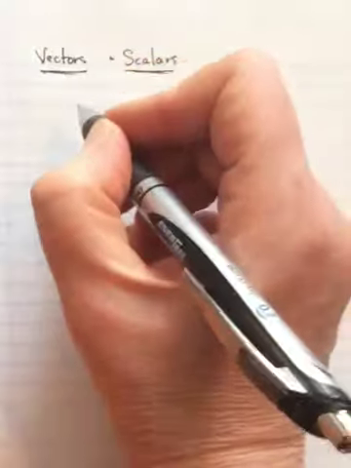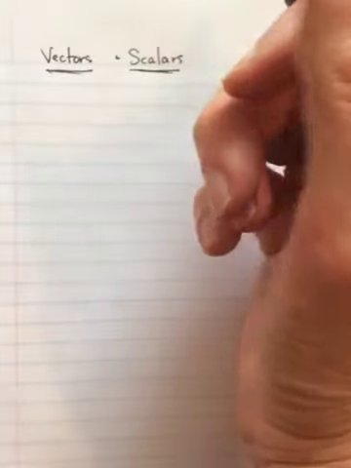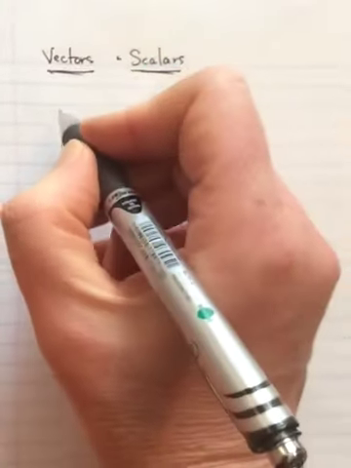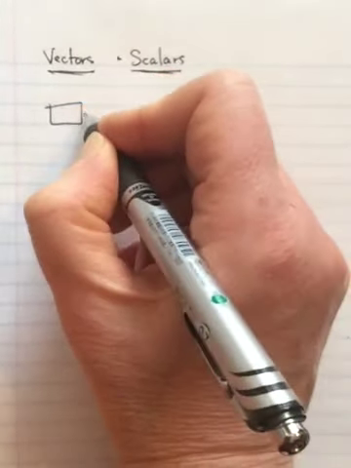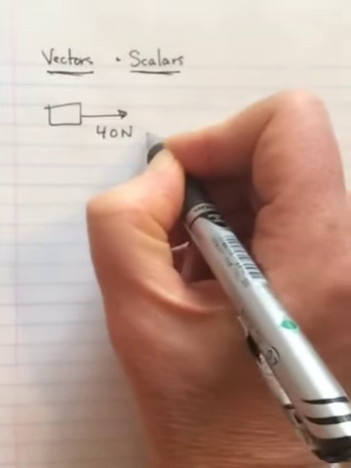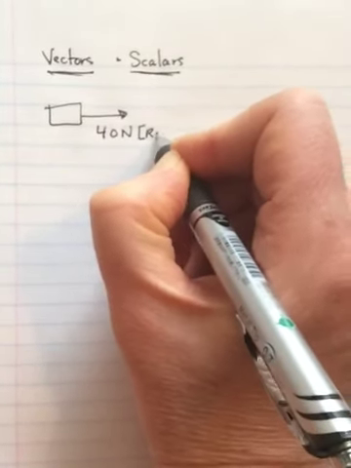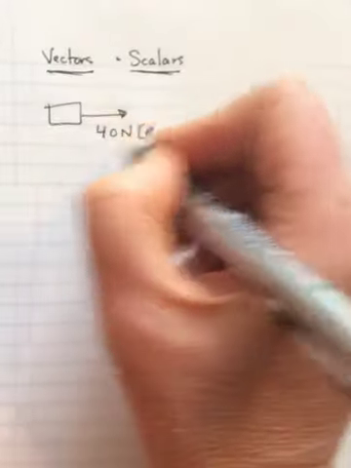Okay? A vector is simply any quantity that needs both a number with a unit and a direction to describe it. So a vector would be like if I was pushing on a box with a force of, let's say, 40 newtons, and I was pushing to the right, then that's a vector, right? Because it needs a direction.